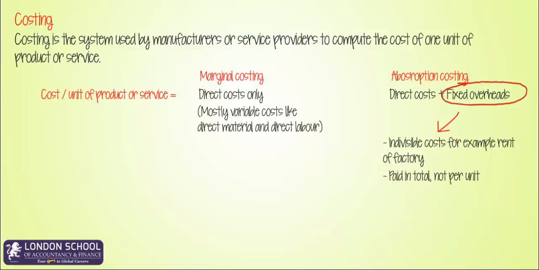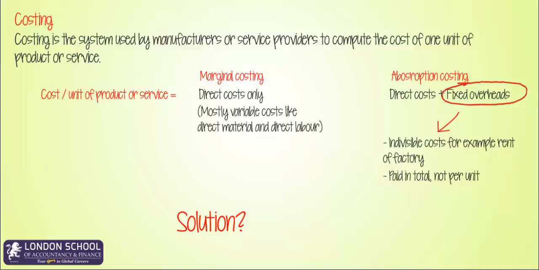That's the question. Sometimes I'm going to produce a lot of units in the factory, sometimes not as many. So how much rent every month do I need to absorb into every unit? That's the problem. So what's the solution?